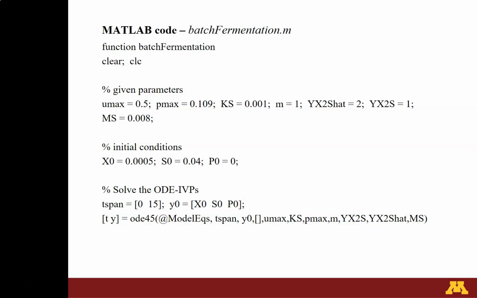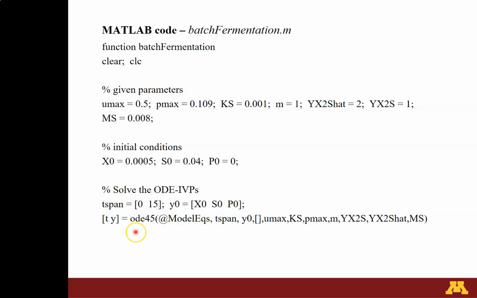Here is the code for the batch fermentation. You see here, first step, you simply list all the given parameters, leave all the known parameters, known data, and then specify the initial conditions. And then you define the ODE functions in the next line.